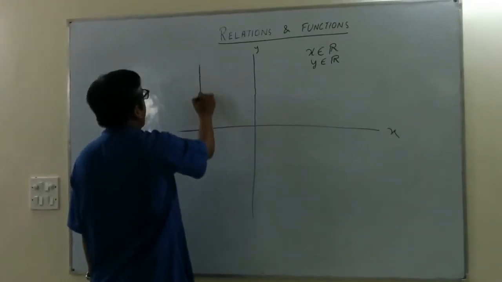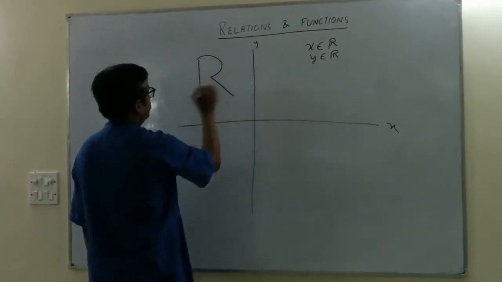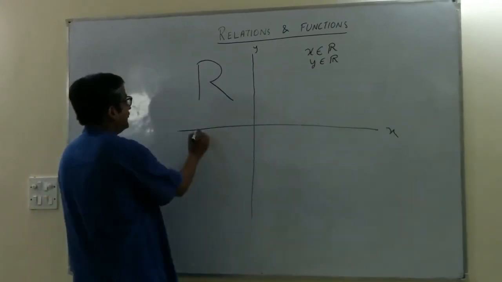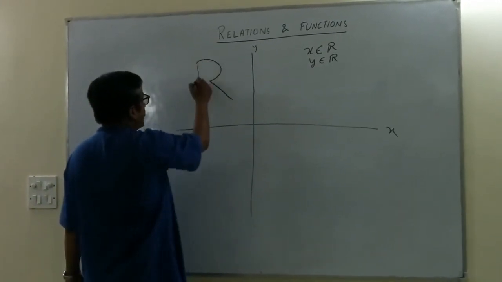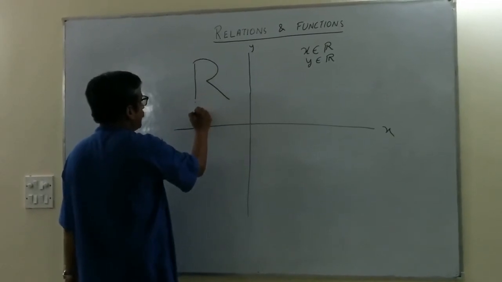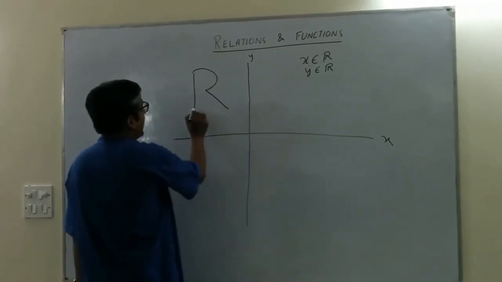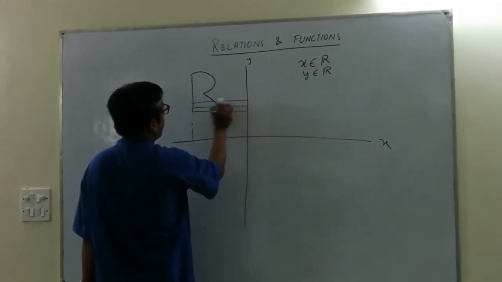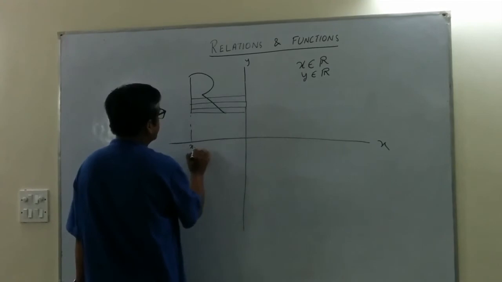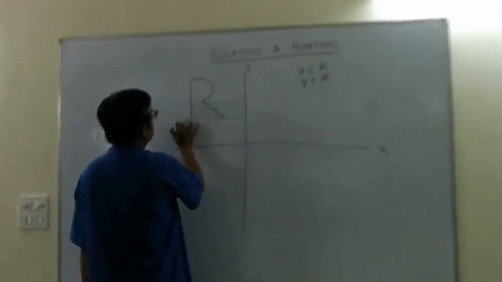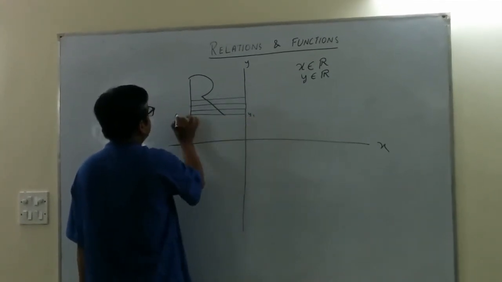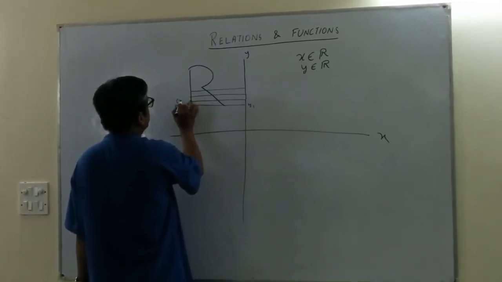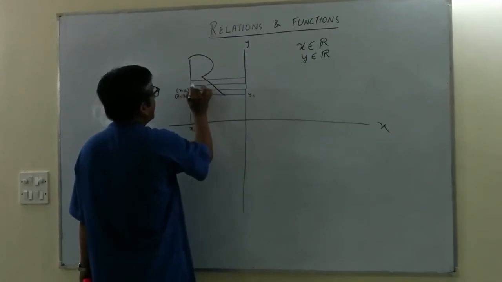I'll write R, Reebok, you know that. Now, this is a straight line. So this one value of x has plenty of values of y. If I call this x1, this is y1, then this point is x1, y2, and so on.